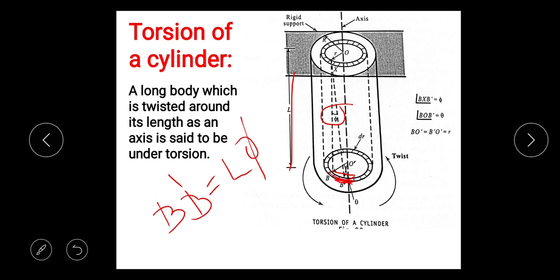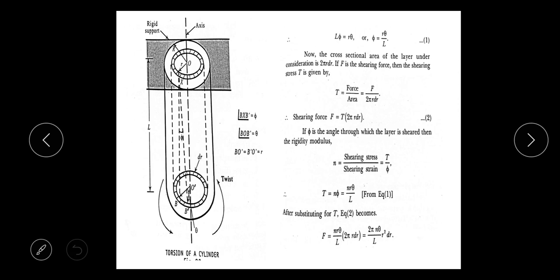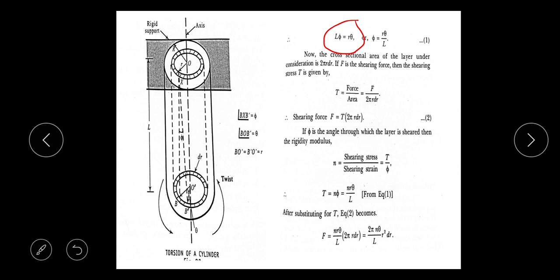By considering angle BOB dash, we can write BB dash is equal to R theta. So by taking two angles, we can write two expressions. Both are expressions for arc length. The left hand side is the same. So by taking these two equations, we can write L phi is equal to R theta. So it is given here. Then rewriting that, we can write phi is equal to R theta divided by L.